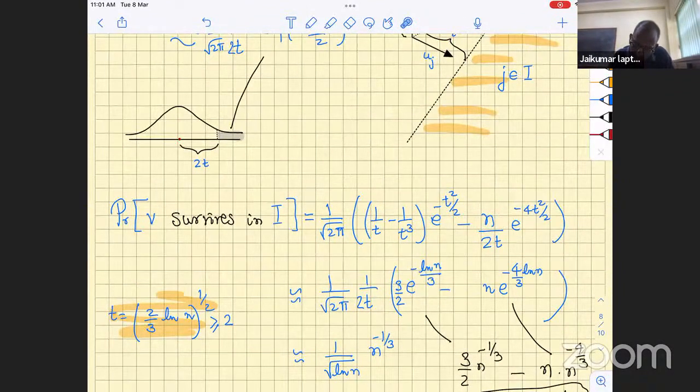The n was here because we did a union bound over all possible edges of the graph. Now, you can apply Wigderson's trick and first say that if the graph has very high degree, then you can immediately color the bipartite graph which is there in the neighborhood and be done with it.